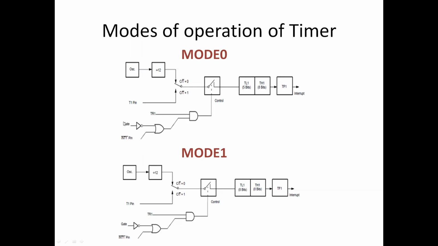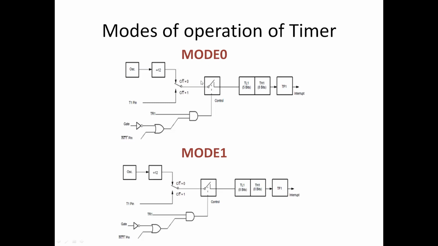So when the gate bit is set, it will look at this pin status. If this gate bit is low, it will neglect the status of this pin. So the clock pulses applied to this timer will be controlled by TR1 alone. If gate is enabled, the clock pulse will be controlled by TR1 as well as the interrupt pin.